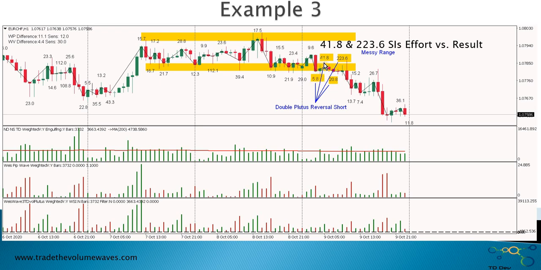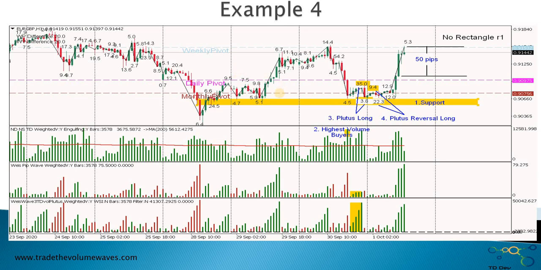One is this one, the 5.8 with the 41.8, and the second one, the 20 with the 223.6. So as long as we break this level, we go short, and price went down. Easy stuff when you quantify these guys' concepts. And Speed Index has done it.